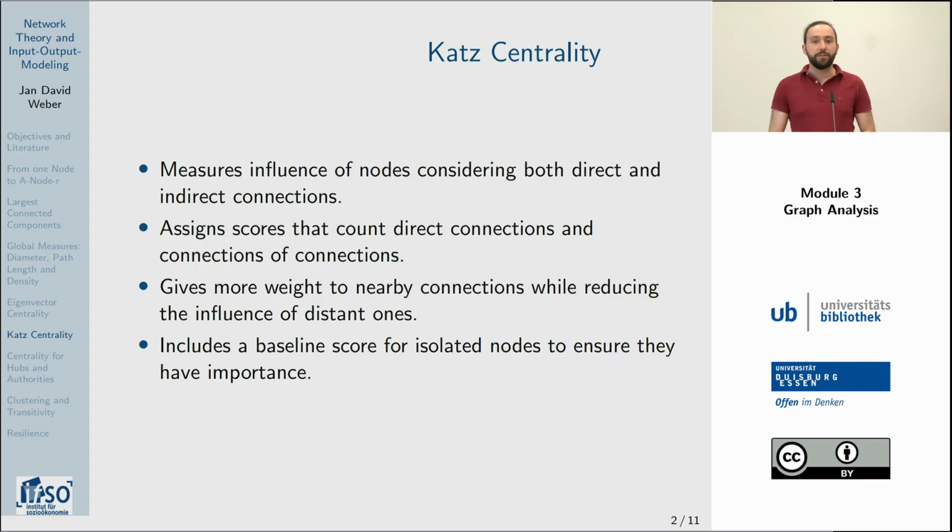It gives more weight to nearby connections, while it reduces weight and influence to distant ones. So it matters more in Katz centrality who's really close to you than who is far away from you. And it includes a baseline score for isolated nodes to ensure they have some importance at all for the network.